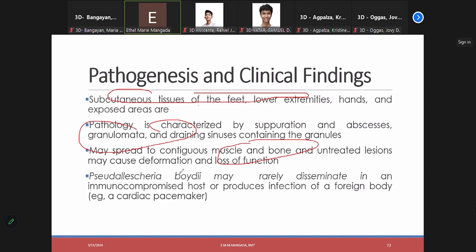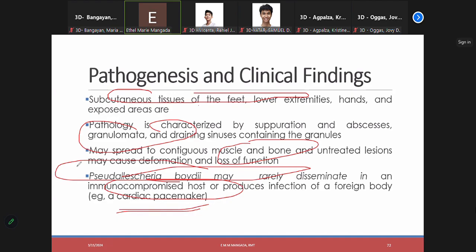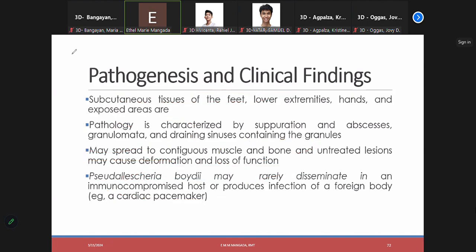And don't forget, among all those microorganisms causing mycetoma, your Pseudallescheria boydii can also cause disseminated infection in immunocompromised patients, especially those with a cardiac pacemaker. So that's your Pseudallescheria boydii. Aside from causing mycetoma, lesions in the extremities, it can also cause disseminated infection.